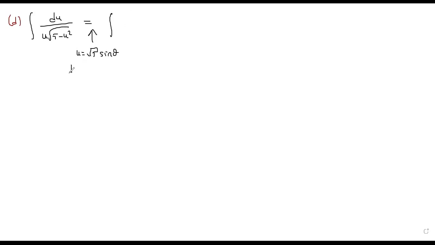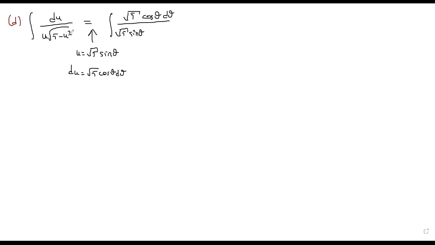So du is equal to square root of 5 cosinus theta d theta, right? What do we get then? Du, let's write them, cosinus theta d theta over, now u is equal to square root of 5 sinus theta.